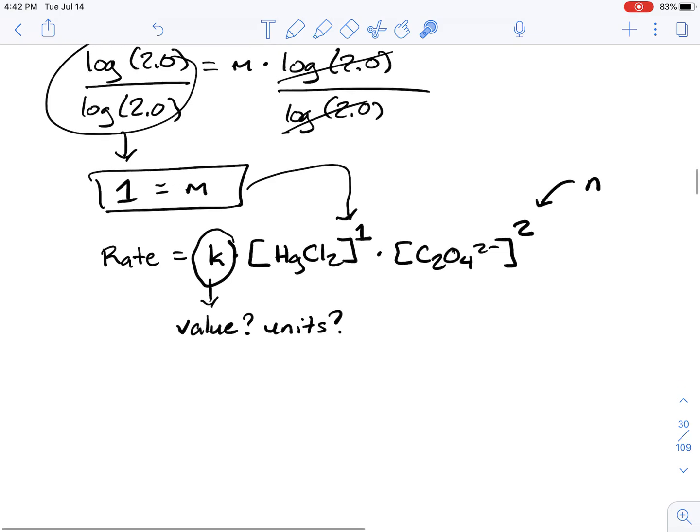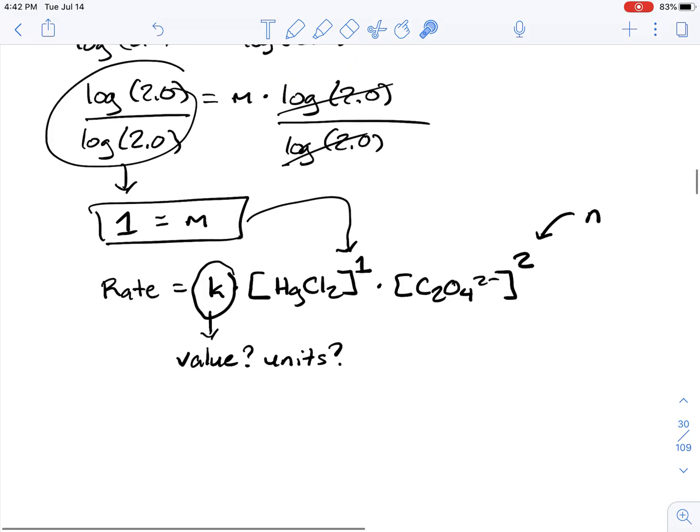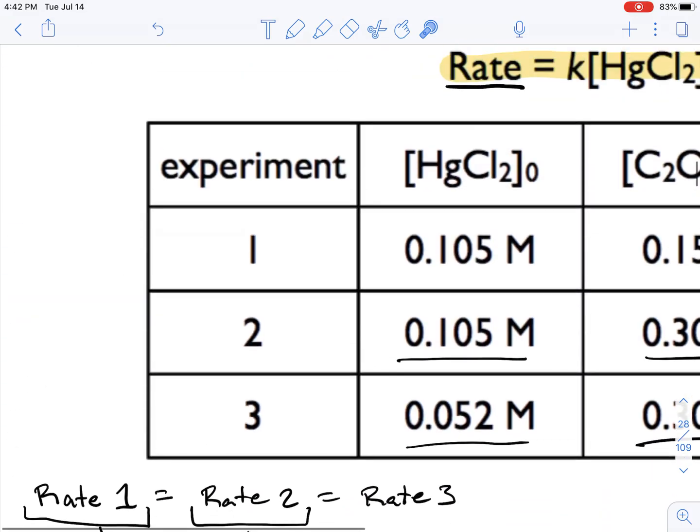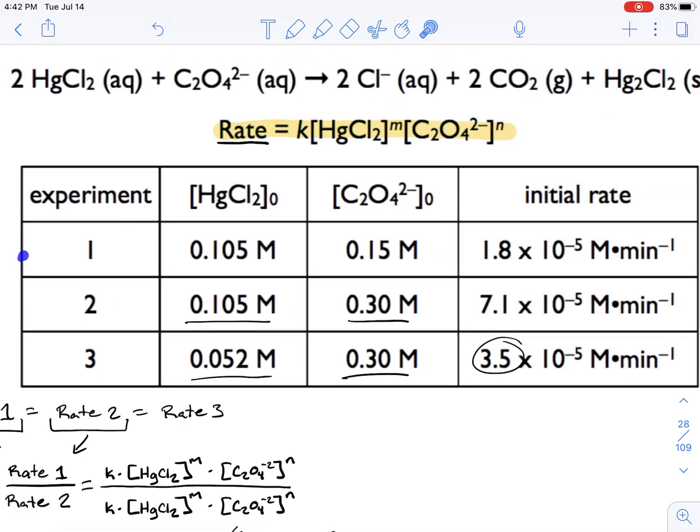Okay. All right, now to determine the value for k, what we're going to do is we're going to choose one experiment or one trial. So it doesn't matter which trial you use, you guys will be able to get the same answer if this was run under the same temperature.